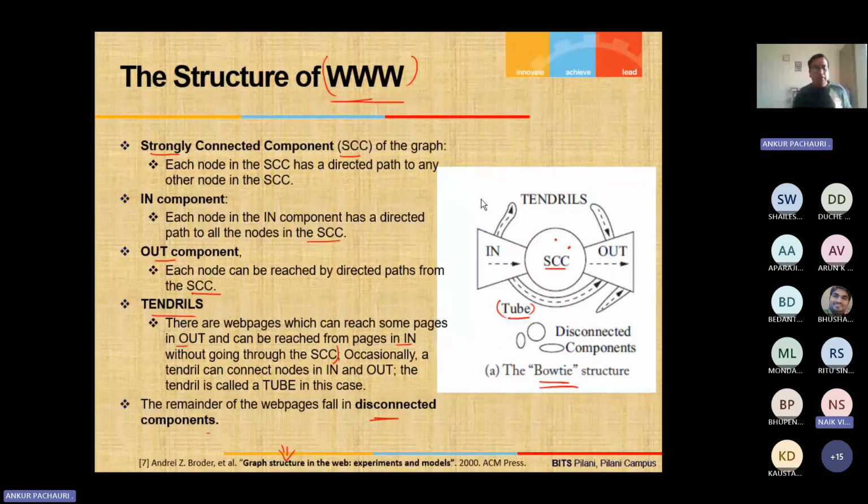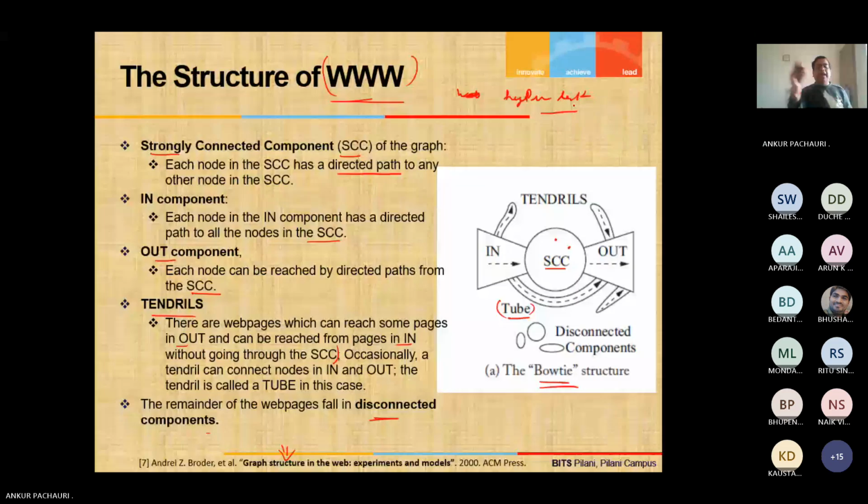Each node in SCC has a directed path to any node. So each node can reach any of the other nodes either directly or via some other node, through those hyperlinks.